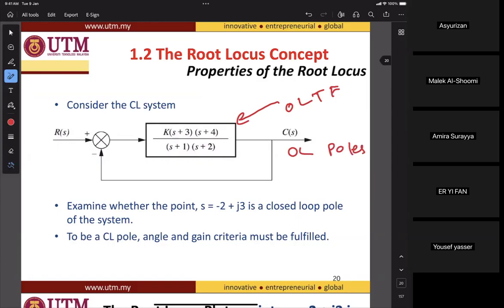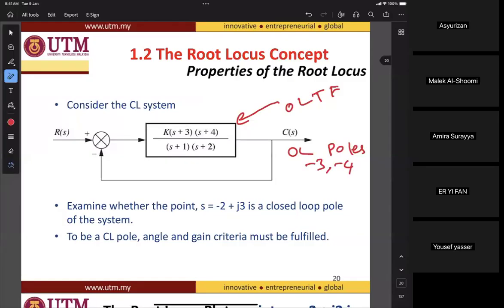What is the value of the open loop poles from this open loop transfer function? -3, -4.